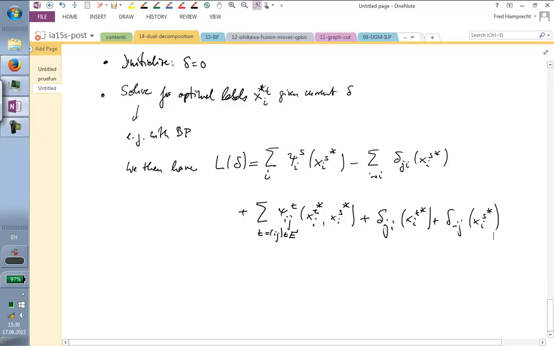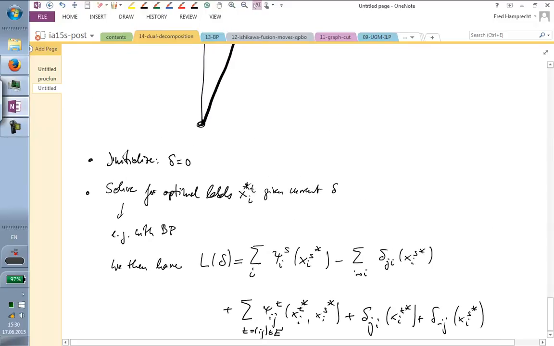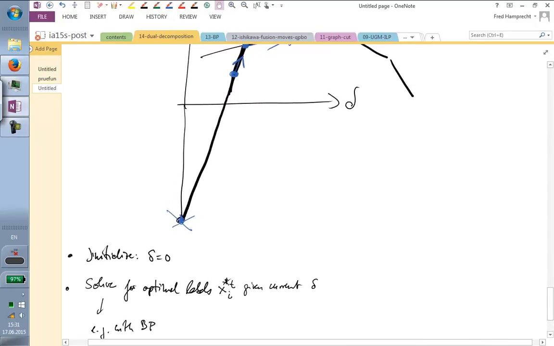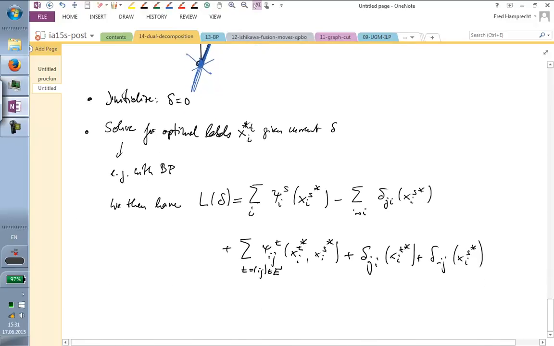So I've now inserted my optimum solution, which means I started initially at delta equals 0. So I started at the point that I'm painting now in blue. And I now have my current function L of delta, which currently is just this plane here. And well, I'm now walking up this plane.